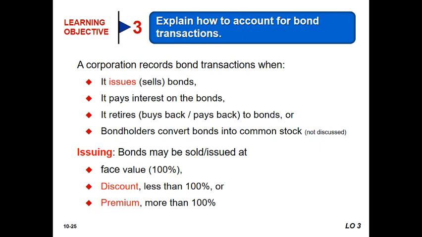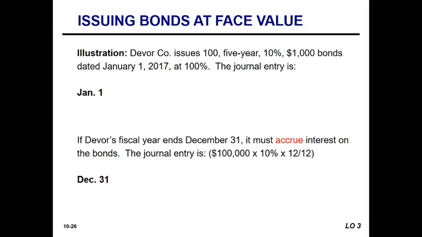Looking at issuing bonds at face value. We have Beaver Corp, who issues 5-year, 10%, $1,000 bonds dated January 1st, 2017 at 100%. So the information in here is that there are 100 of them. They're $1,000 bonds.